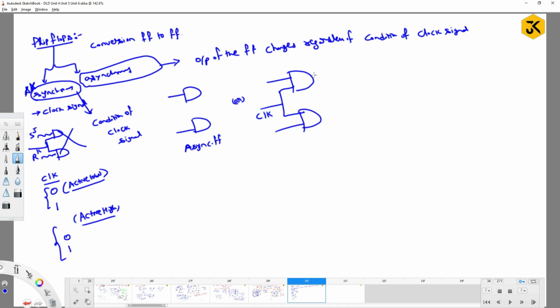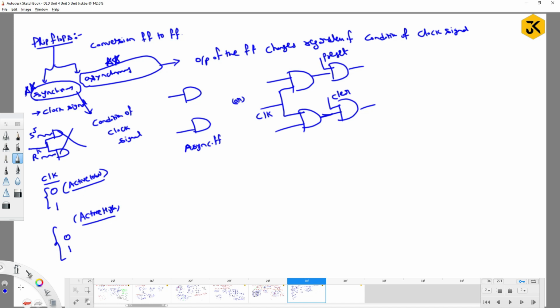Or in other terminology, even if the inputs are controlled by a clock signal, if you use some extra inputs, which we call preset and clear, with the help of these we can make our flip-flop an asynchronous flip-flop. How, sir? Let me tell that.